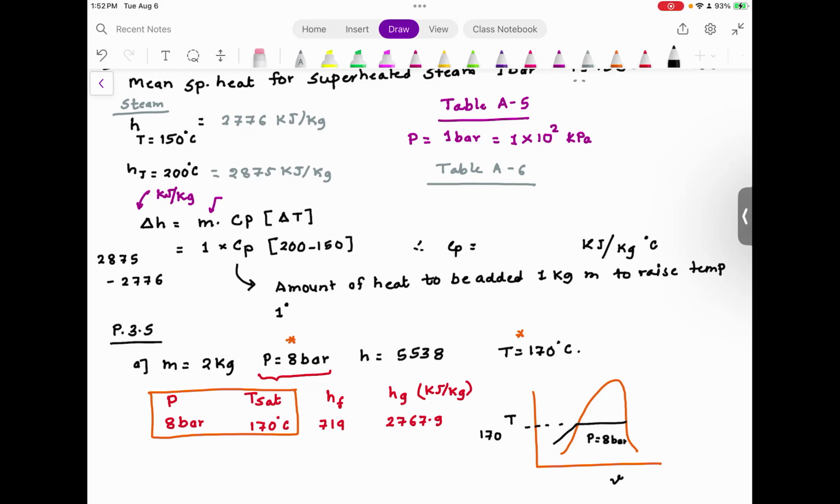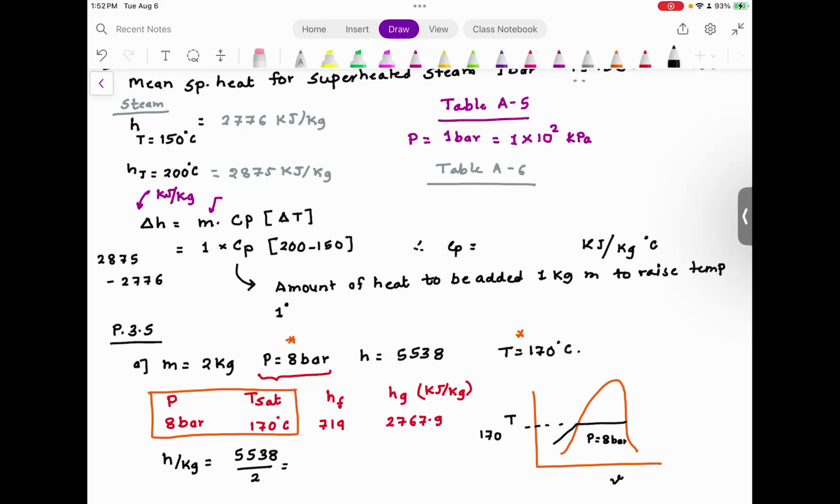Now the enthalpy is given as 5538. So we need to find the specific enthalpy, h per kilogram, which is 5538 divided by 2.